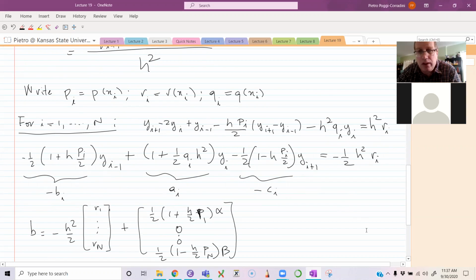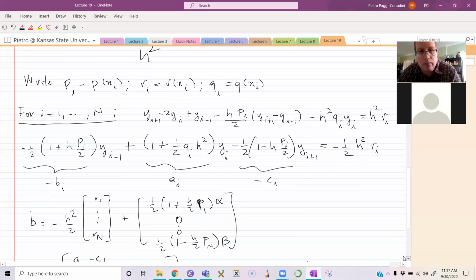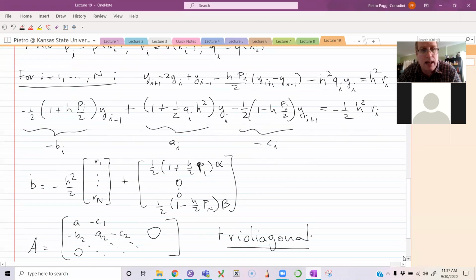Now we're going to write it in matrix notation. These equations hold for i going from 1 to n. But equation 1 and equation n are special. For instance, in equation 1, when i is 1, then i minus 1 gives y0, which is equal to alpha.